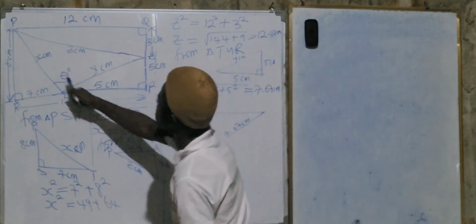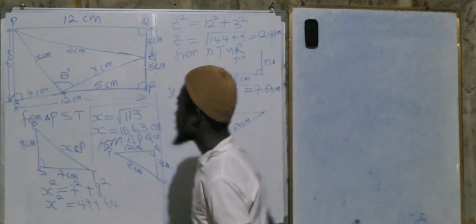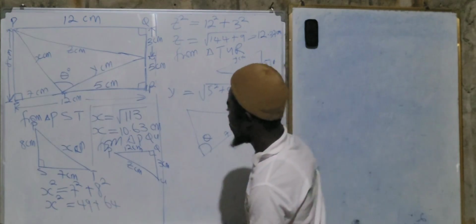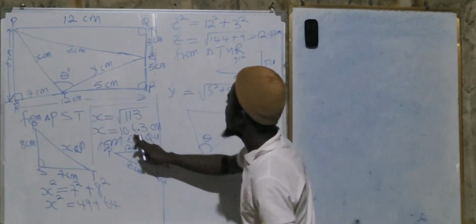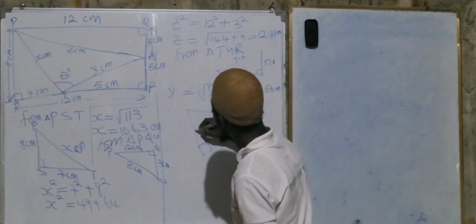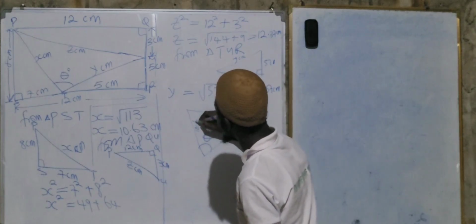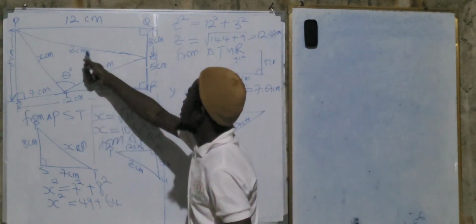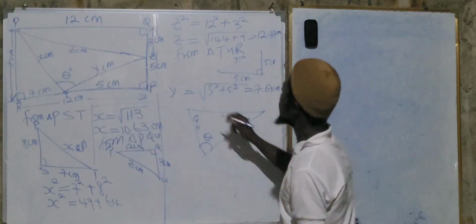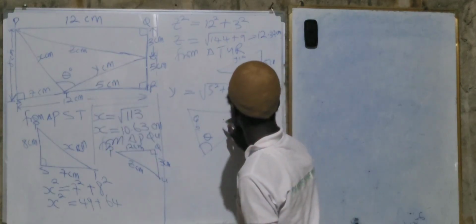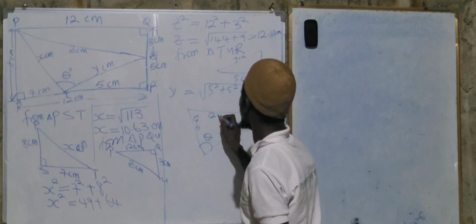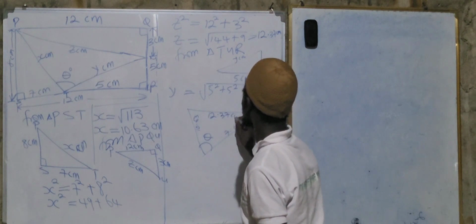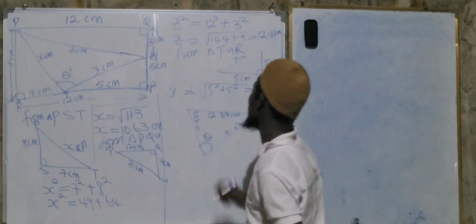And next here we have x. X is 10.63, so we have 10.63. And next we have z. Z is 12.37. This one is centimeter, okay?